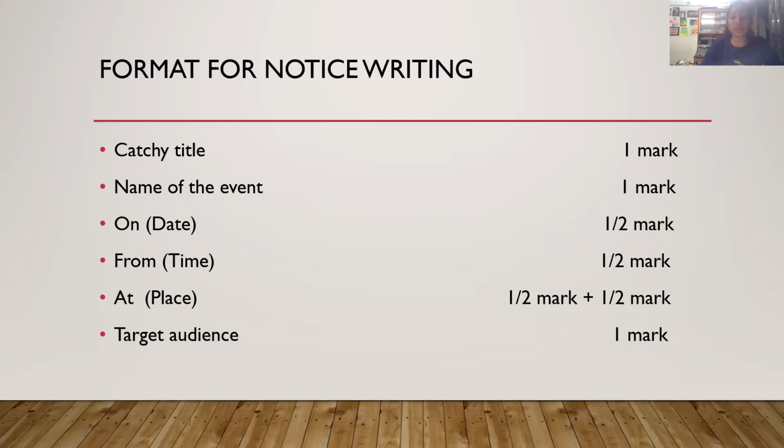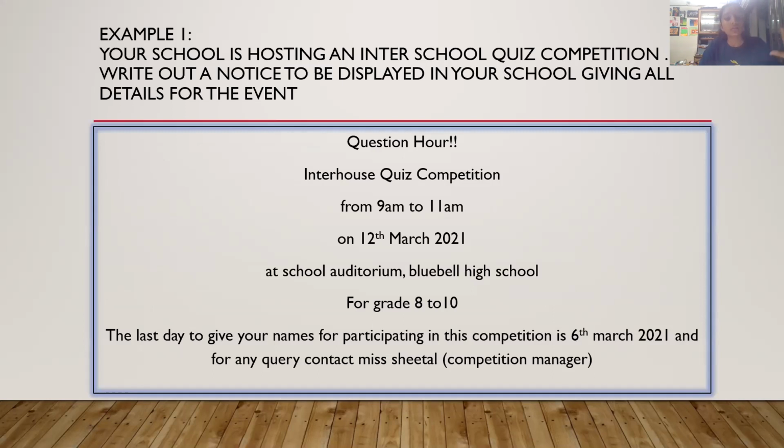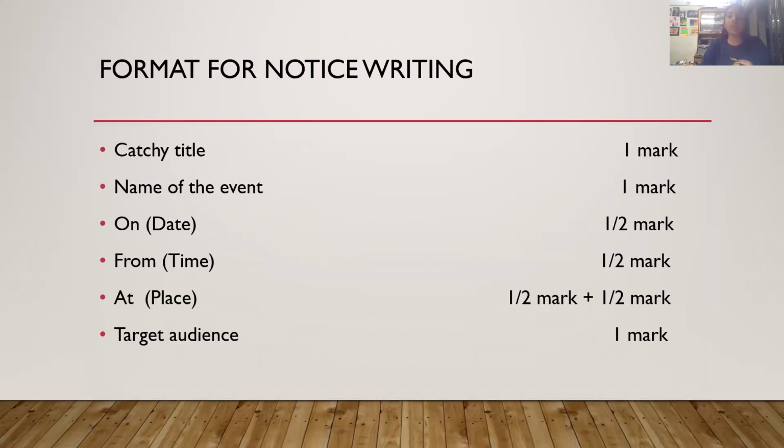Basically place goes from small to big: from school auditorium, then your school, then where the school is located, New Delhi or Mumbai or Navi Mumbai, Mulund, Thane, anything you can write. Small to big it goes, and it carries one whole mark divided into half marks.